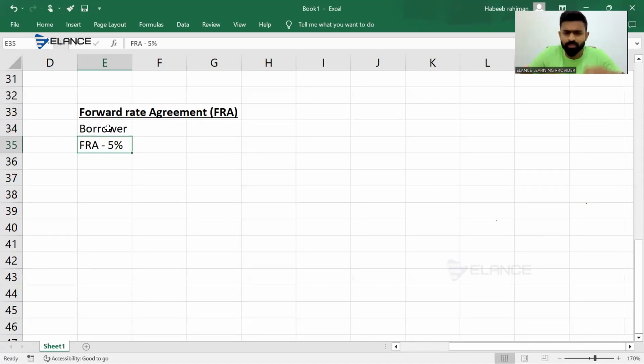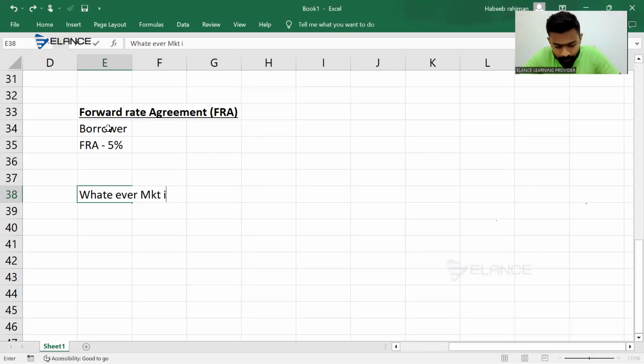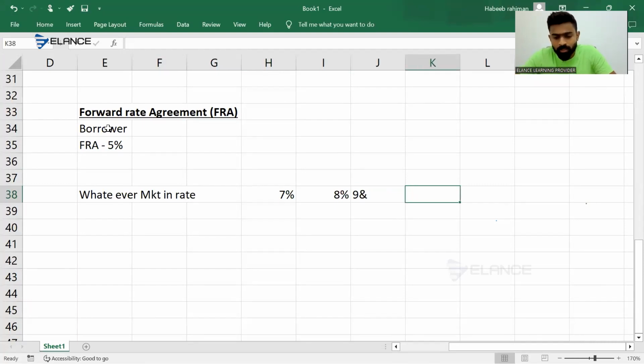There could be two situations in case of interest: borrower or depositor. Assume you are a borrower and you took an FRA of 5%. Whatever the market interest rate, whether 7%, 8% or 9%, your final interest payment will be how much?